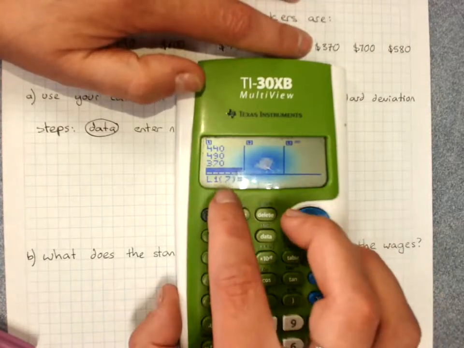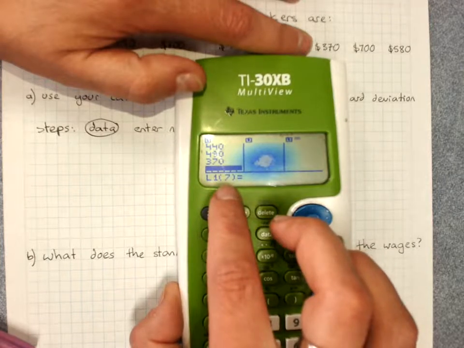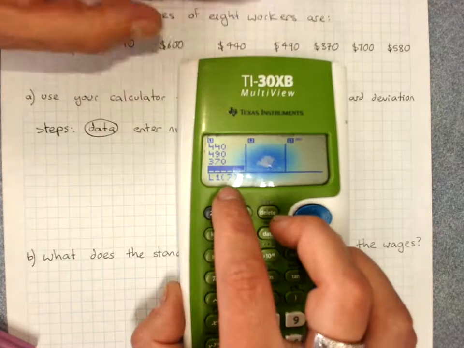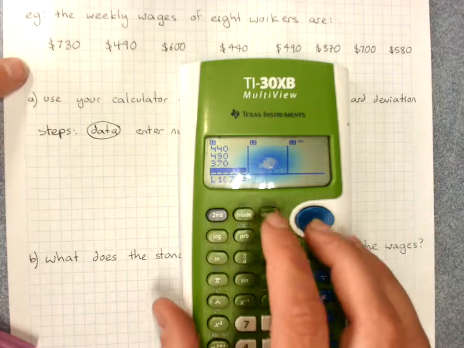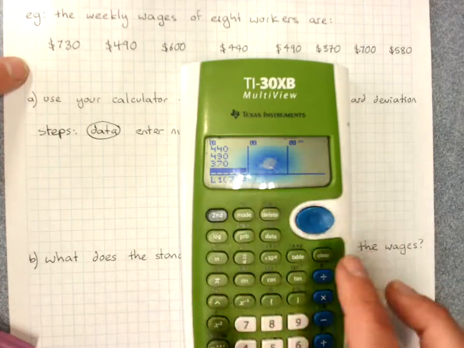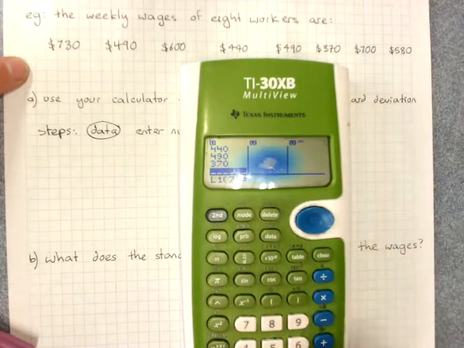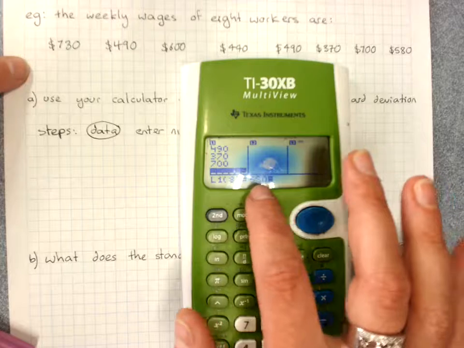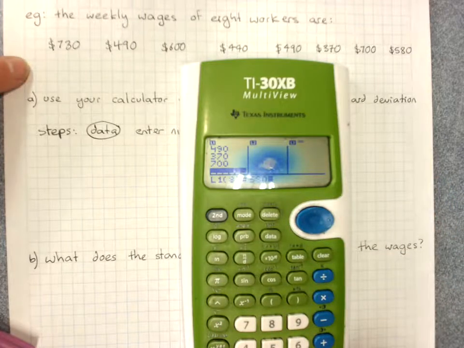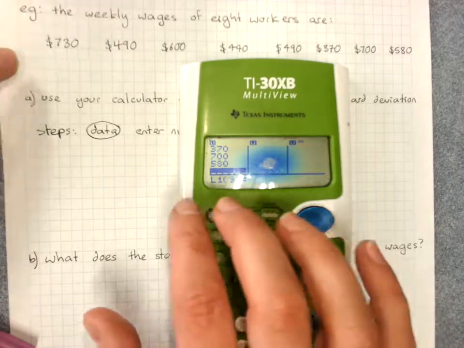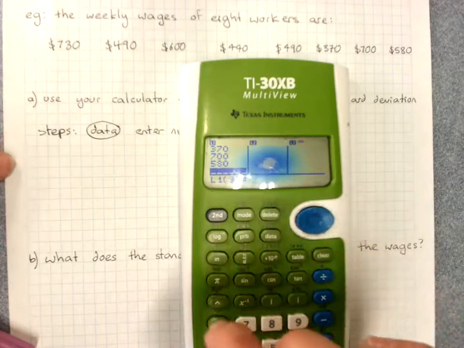You'll see it's keeping a count of how many I have, and I'm just entering the 7th one now, and the 8th is 580. So it will tell you how many you've got. Enter, we've got the data in.